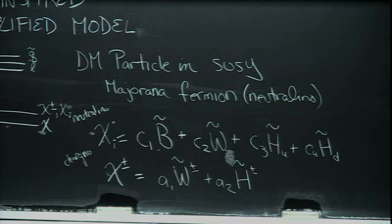The way that these neutralinos interact with the standard model is through Higgs exchange, Z exchange, or W exchange. Which diagrams dominate depends on the details of the mixture. But one place we can look for these neutral guys is in Higgs decay.